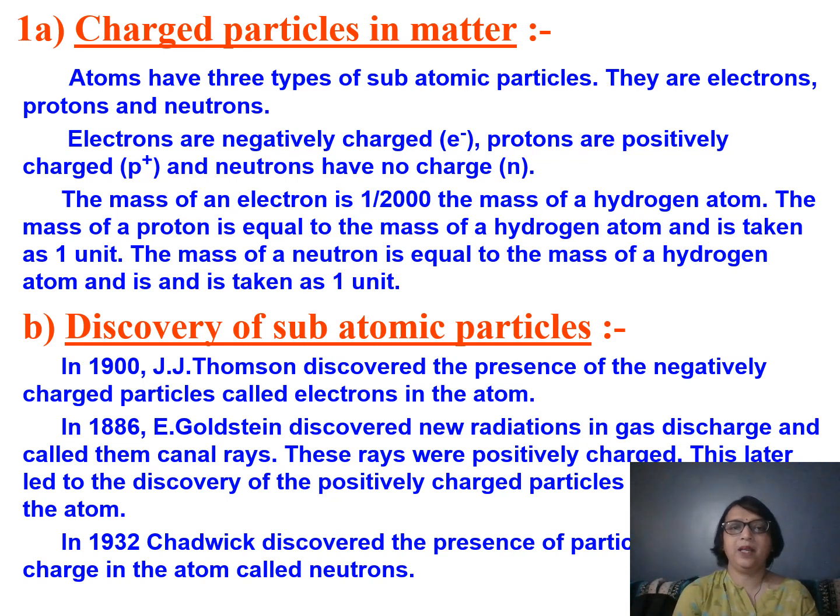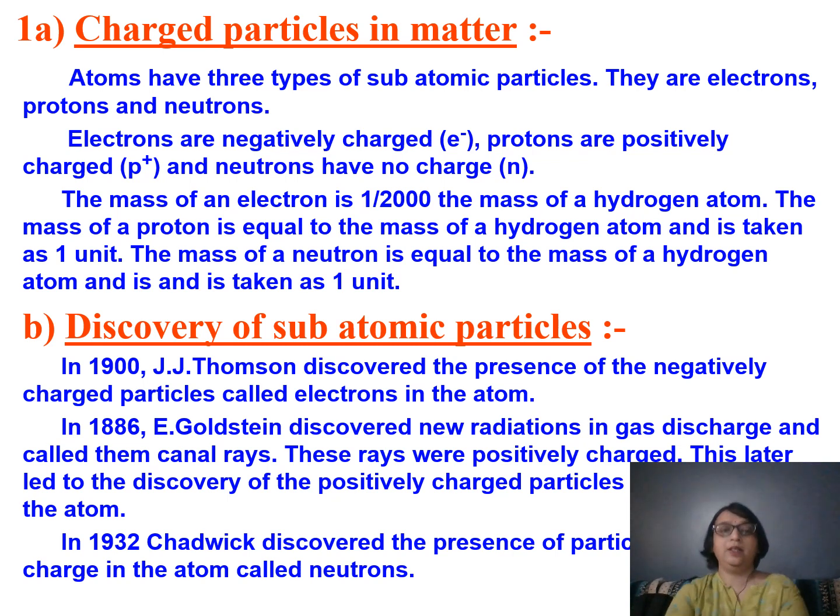The mass of an electron is 1 by 2000 the mass of a hydrogen atom, and the mass of a proton is equal to the mass of a hydrogen atom and is taken as 1 unit. The mass of a neutron is equal to the mass of a hydrogen atom and is taken as 1 unit.